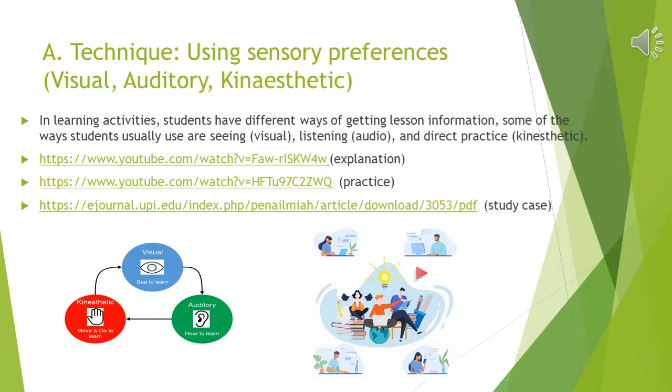For visual type, students understand the lesson by being shown concrete evidence about the lesson, so that students can understand the lesson when viewed. Then the audio type, students understand the lesson by relying on their hearing to understand the lesson delivered by the teacher. And then for the kinesthetic type, students understand the lesson by doing and remembering body gestures.